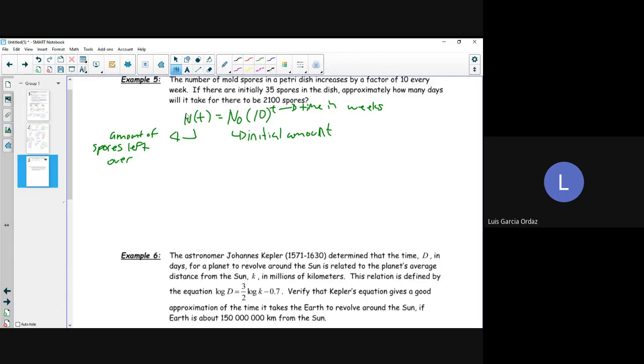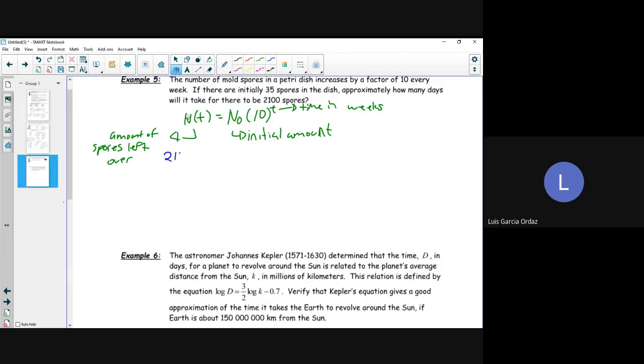So what we have to do in this question is we need to isolate for t. So we need to isolate for time. So what would our N of t be? How many spores will there be at the end of this whole time lapse? 2100.